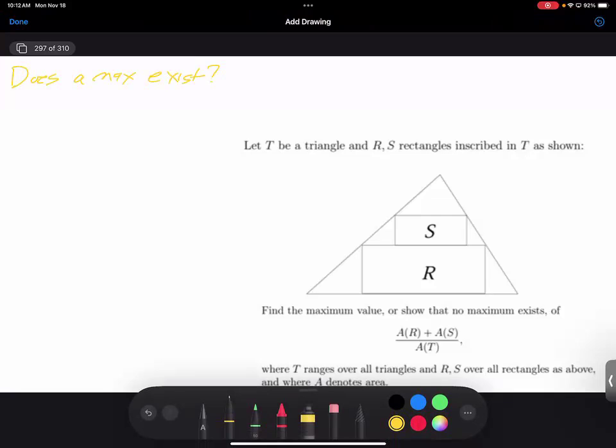Yes, as a proportion of the area. What should be your thought on any Putnam problem? Gather data, right? So maybe certain triangles are easier to analyze than others. If you had to choose a triangle, which triangle would you choose?